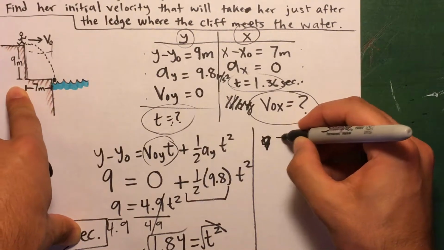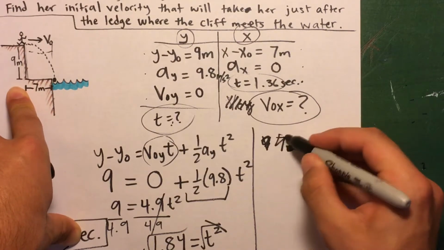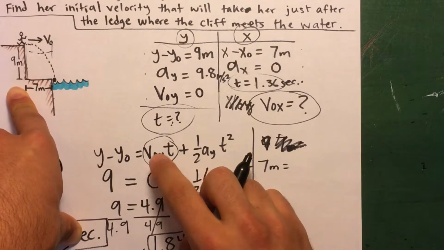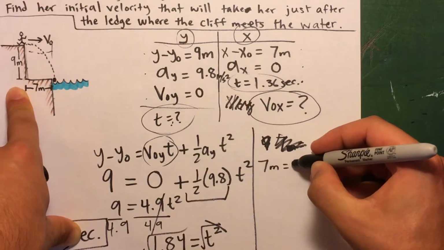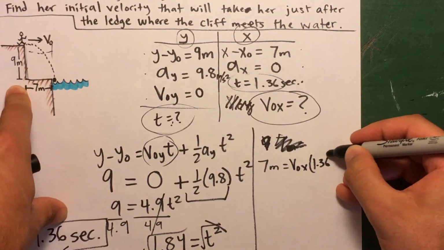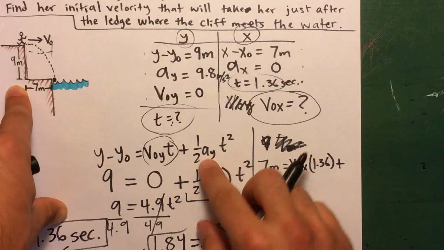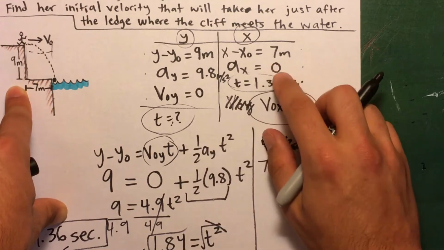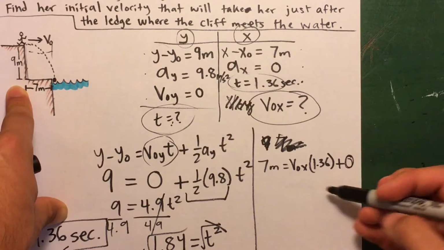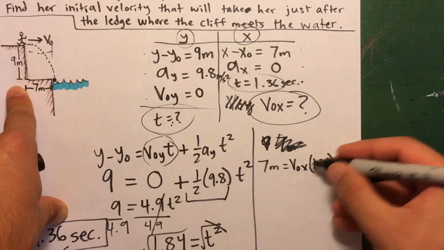So x minus x0, which is 7 meters, is equal to v0x times the time, 1.36, plus the acceleration term. Acceleration due to gravity in the x direction is 0, so that term becomes 0. We're left with 7 meters equal to 1.36 seconds times v0x.